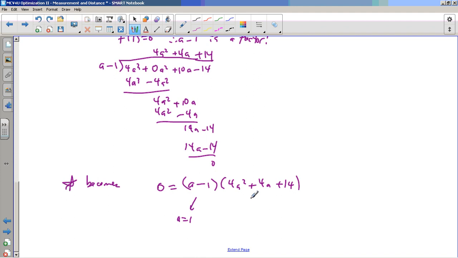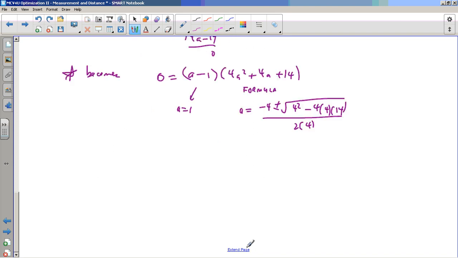This doesn't actually factor, so I need to use the formula. A equals negative B plus or minus the square root of B squared minus 4AC all over 2A. Phew. And I get my two solutions are, well, whatever, doesn't matter.